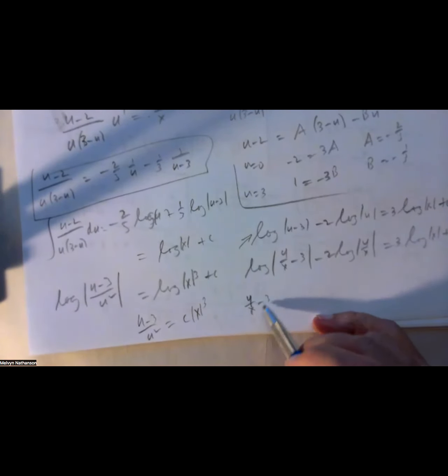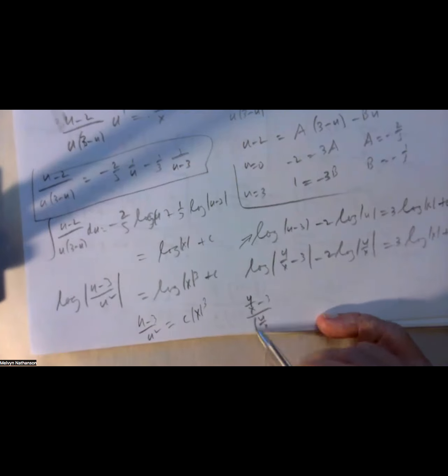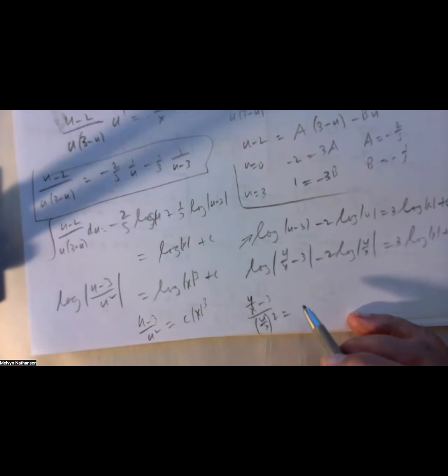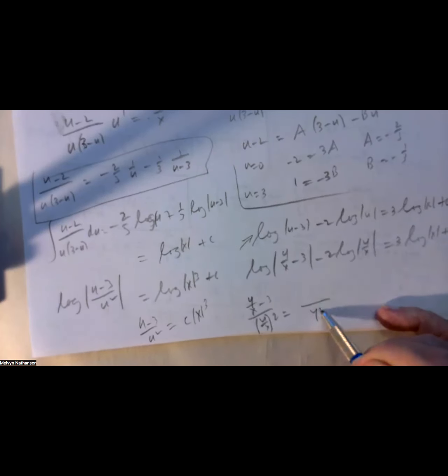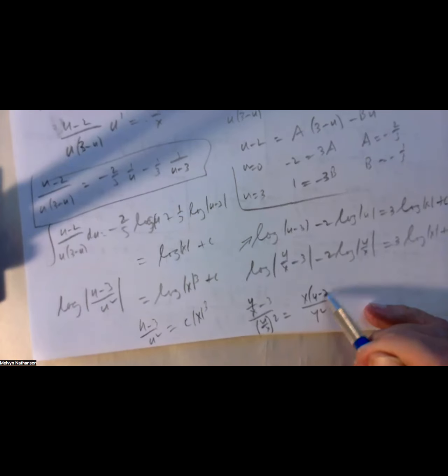Y over x minus 3 over y over x squared. If you multiply by x squared, you would get x times y minus 3x.